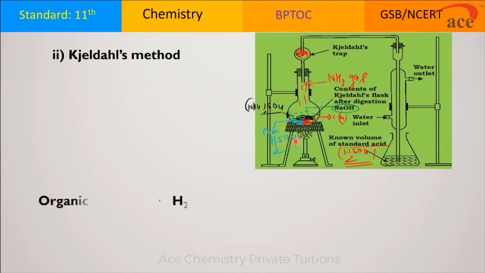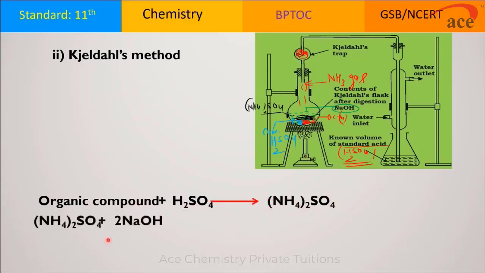Basically, if you will revise this step, then what we do, we take the organic compound, and this organic compound is mixed with the concentrated sulfuric acid. Can you see this? So this organic compound decomposes and it forms the water soluble salt ammonium sulfate. To this ammonium sulfate we add sodium hydroxide. This sodium hydroxide decomposes ammonium sulfate and it releases ammonia gas.